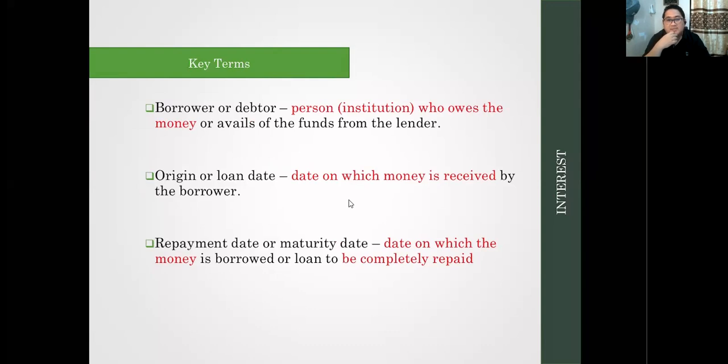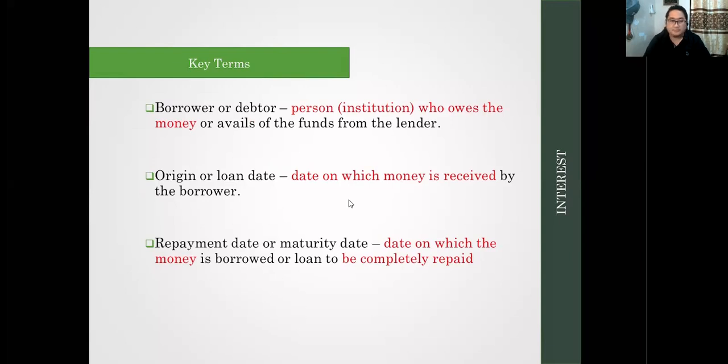And then repayment date or maturity date is the date on which the money will be completely repaid. No? So kung kailan siya nakatakdang matapos bayaran all in all or hanggang maibalik yung principal amount and yung interest amount na binigay ni owner yung sa lender, dun sa borrower natin.